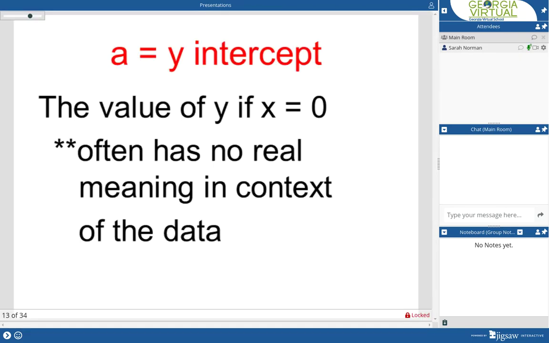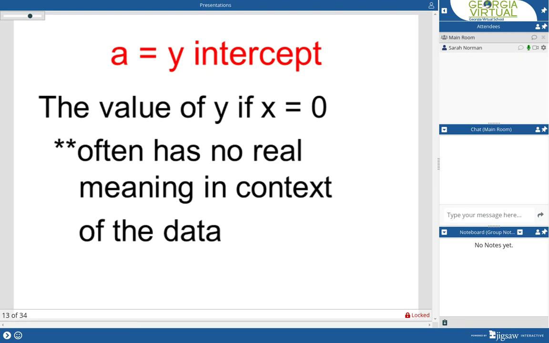A equals the y-intercept, and the value of y if x equals 0 often has no real meaning in the context. For example, if you were using, I don't know, what was one of those examples that we had before? Oh, a person's weight and height. Okay, so is it possible for a person to weigh 0?